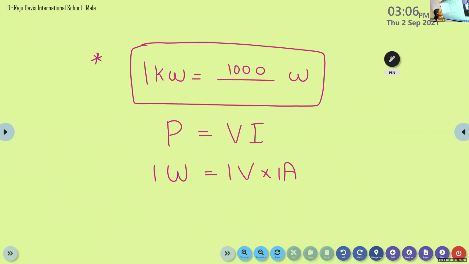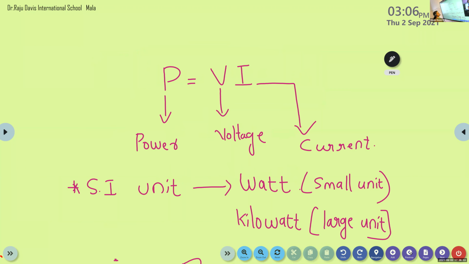So yesterday, in the last class, we discussed the power. This is the basic mathematical expression for calculating the power. P is equal to VI, where P is the power, V is the voltage or potential, both are same, and I is the current. SI unit of power is watt, but it is a small unit.